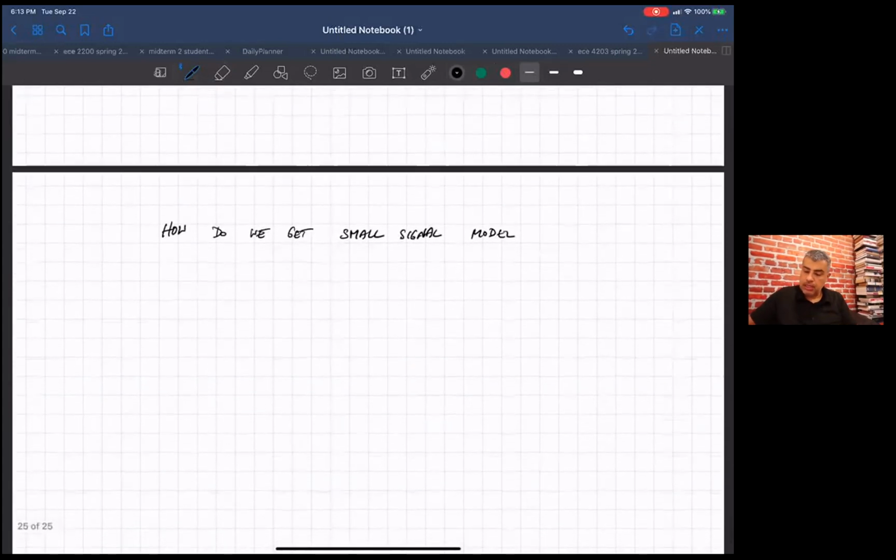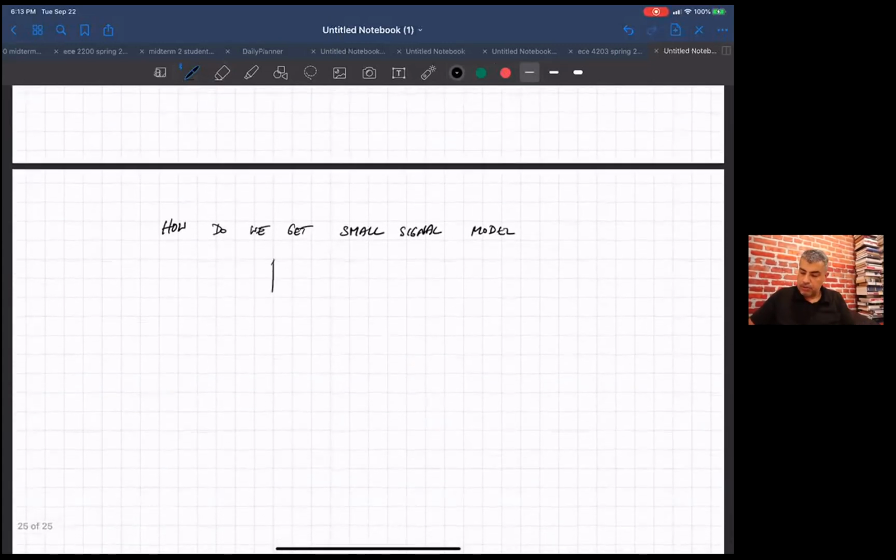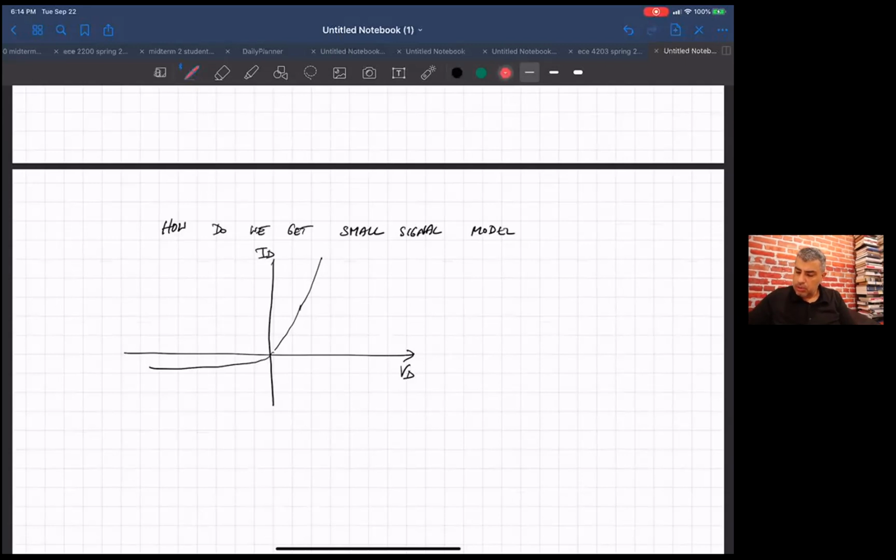Again, we have this V sub D, I sub D characteristic. Let's say initially we had this point V sub 0. That's where we started, and for that we calculated I sub 0. We knew where that was.